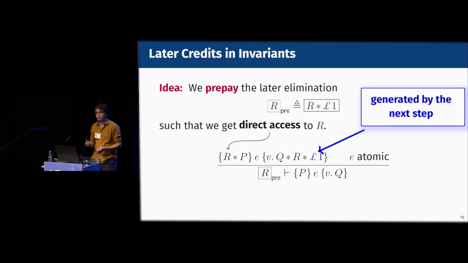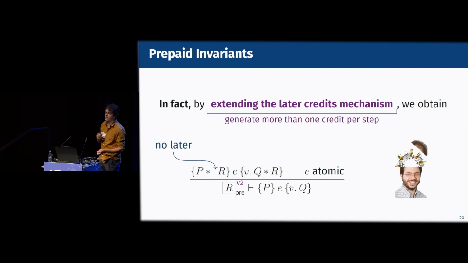And then we need to put one later credit back that is generated by the next step of computation. In fact, we can actually generalize the later credits mechanism a little bit to generate more than one later credit per step. And we do get the full rule where there's no later here, but we also don't have to put a credit back after the next step.